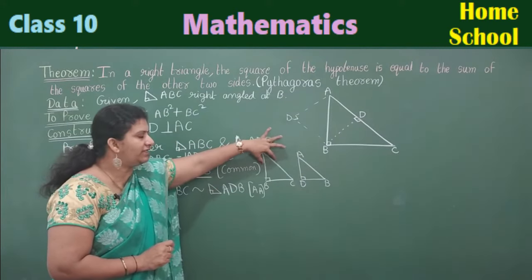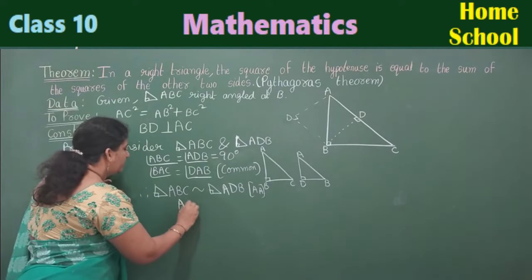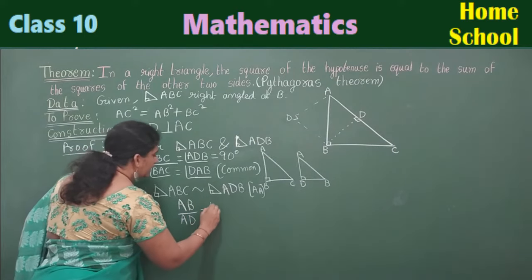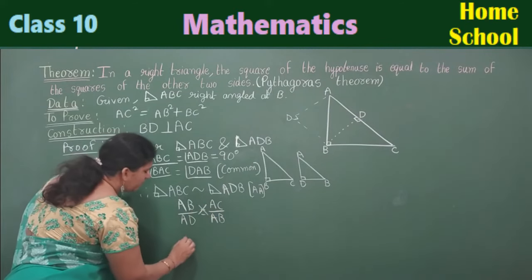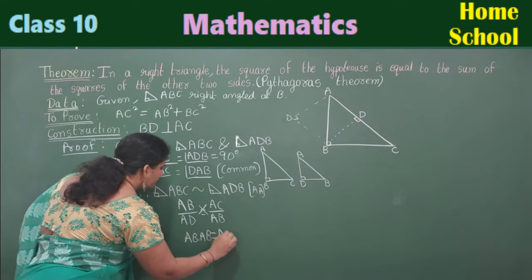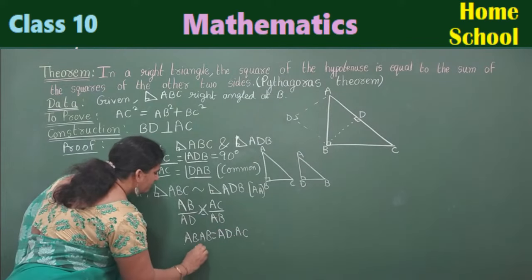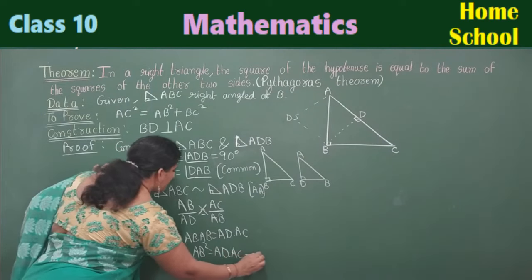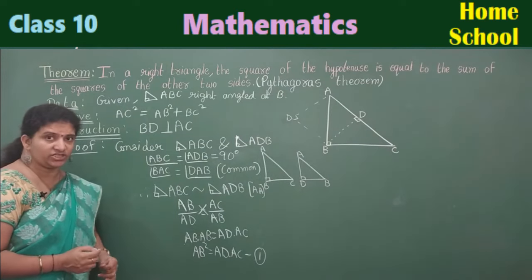So take these two ratios: AB by AD is equal to AC by AB. Now cross multiply: AB into AB is equal to AD into AC. AB square is equal to AD into AC. Mark this first equation.